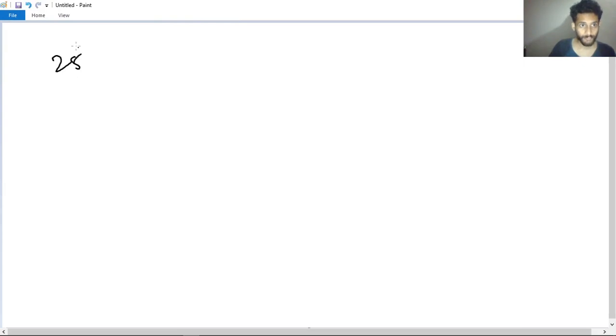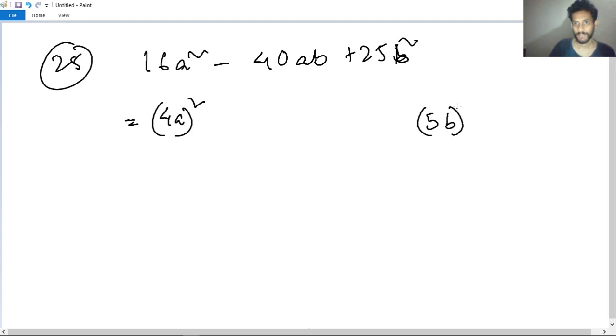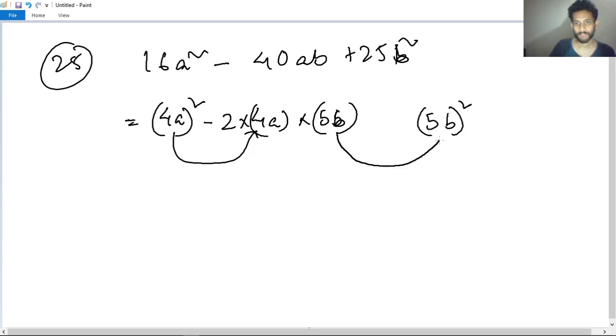Next one is 25. 25 is 16a square minus 40ab plus 25b square. So here if you do it, first one is 4a whole square, last one is 5b whole square. So the middle part should be twice into 4a into 5b.